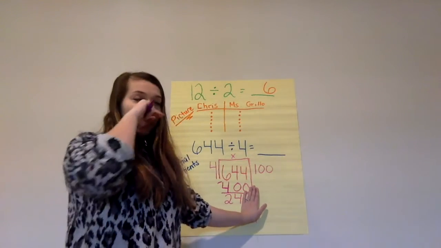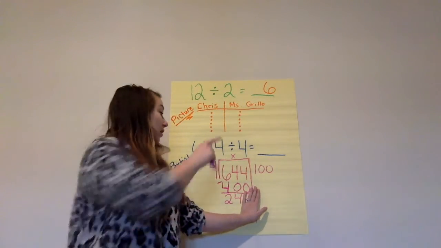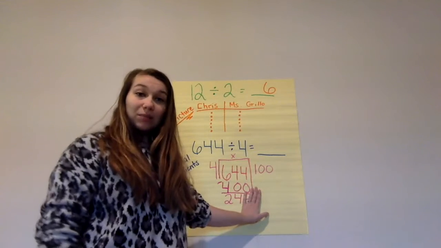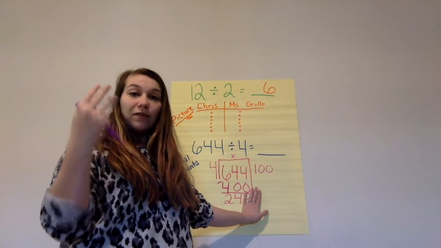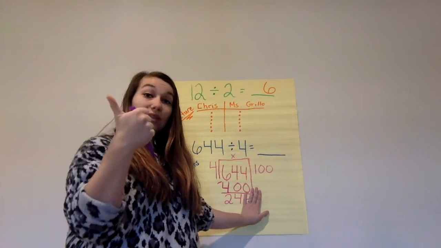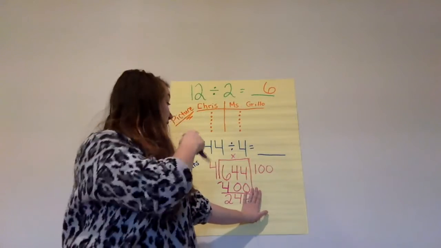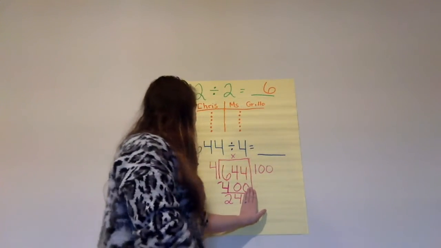So if you know your multiplication facts, you may already know this. If not, we can count by 4. So count with me. 4, 8, 12, 16, 20, 24. How many times does 4 go into 24? 6 times. Very nice.